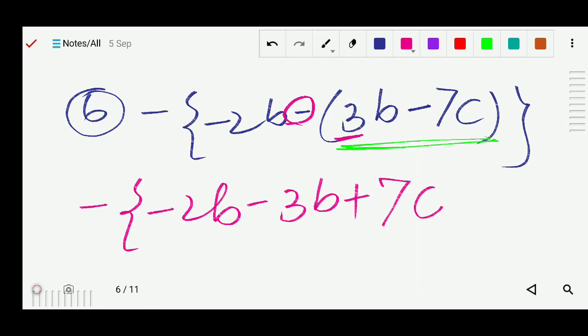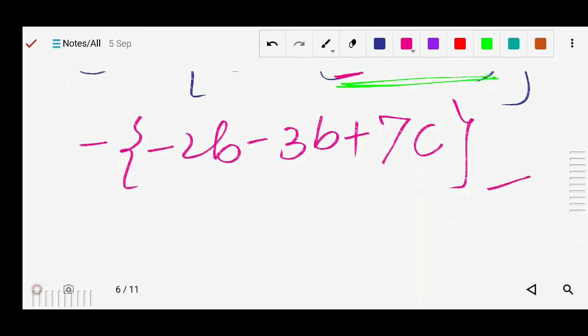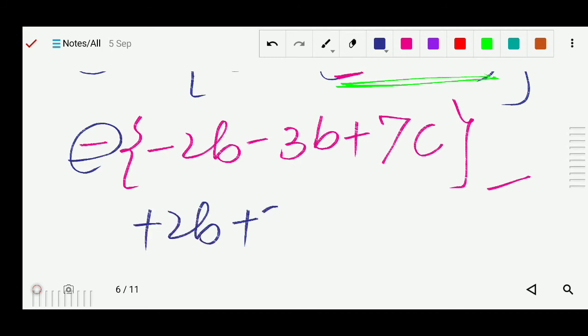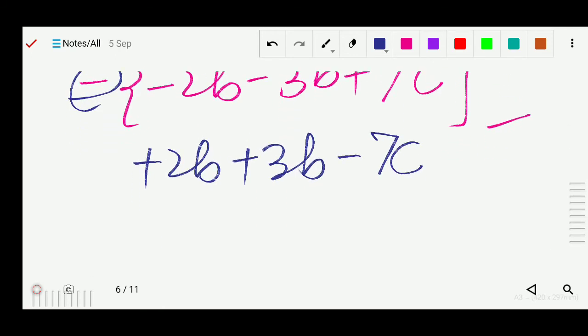Got it? Now this bracket will be removed. Here you can see the minus sign, so when you remove the bracket all the signs will again change. So this minus will become plus 2b plus 3b. Now minus 7c.